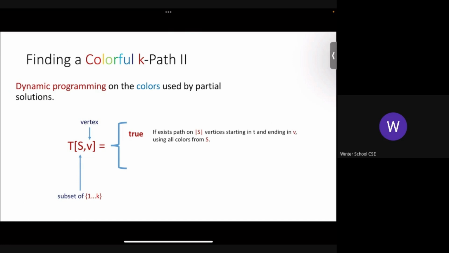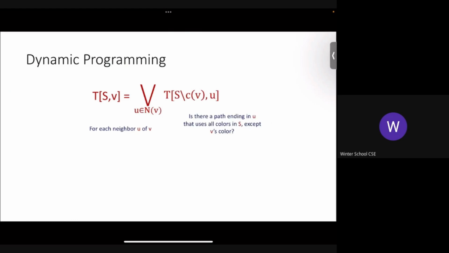So at the end, if I compute this T of K, I will have a solution. False otherwise. It's very similar to what we did for coloring, or what we do for any kind of dynamic programming here. It's also very similar to the Dijkstra algorithm.